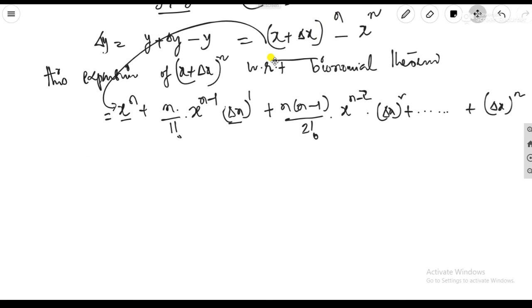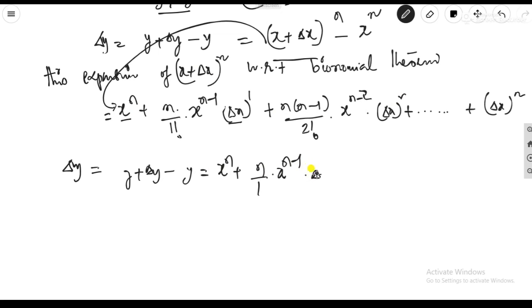Now from the formula, delta y will be y plus delta y minus y, that is equal to, as we have seen, x power n plus n into x power n minus 1 into delta x and so forth, whole power n, minus x power n.